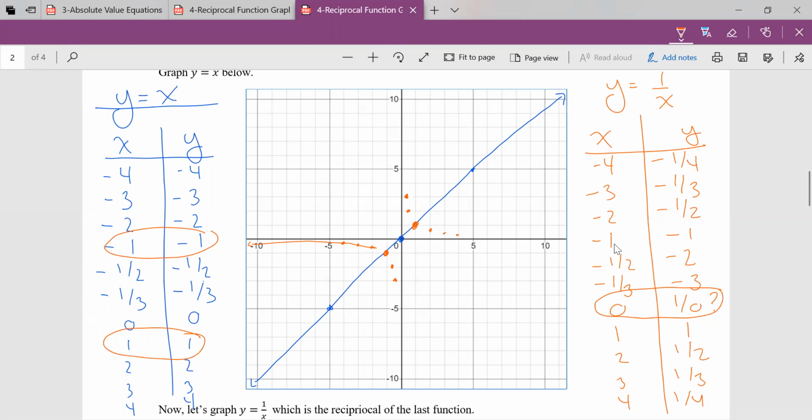And as x gets close to 0, it's going to get really, really small in the negative direction. It's going to go like that. And this is a symmetrical graph, so it's going to look like this. It's a bit difficult to draw, but that's what that looks like.